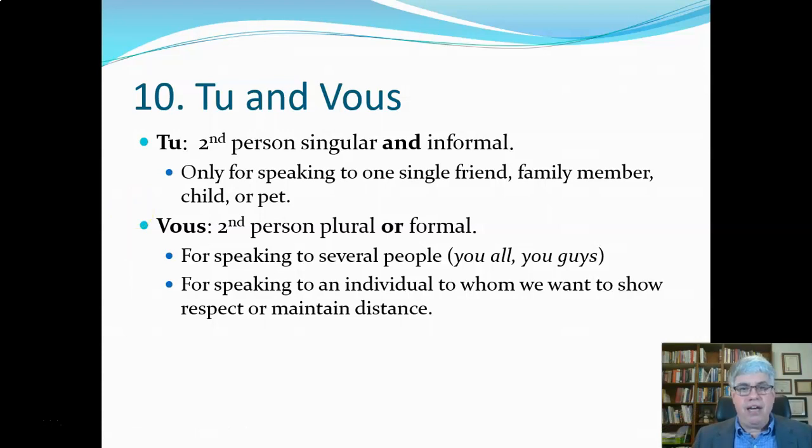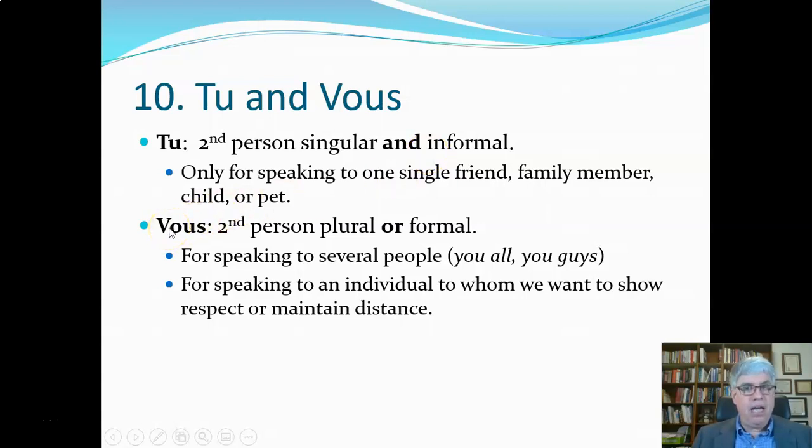You can only do that if they're a friend, a family member, a child, or a pet, something like that. Someone that you're close to, you have this intimacy. You don't have to be guarded. You don't have to be especially polite. That's so the tu is used for the second person singular and in informal situations.